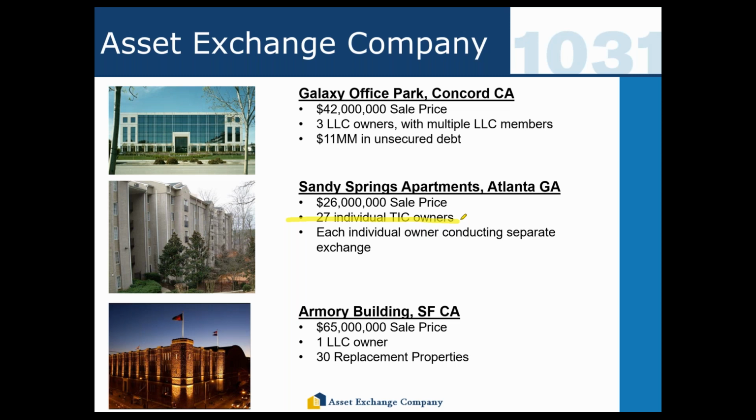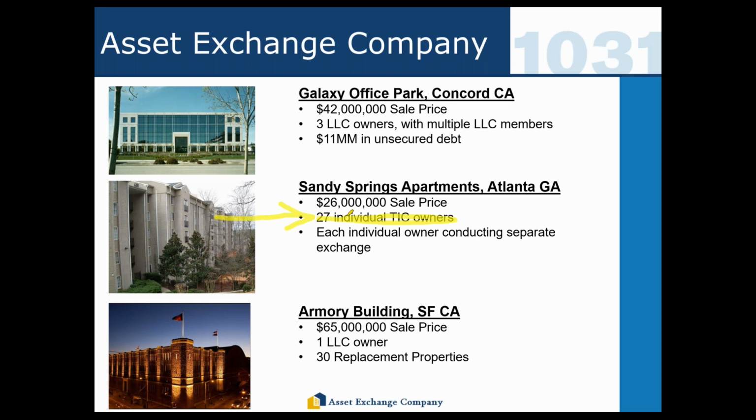So if we have 27 owners of a piece of property, how many potential exchangers do we have? 27, right? So every single taxpayer who is on title to the property can potentially defer taxes by doing a 1031 exchange. Now, in this case, we had 27.